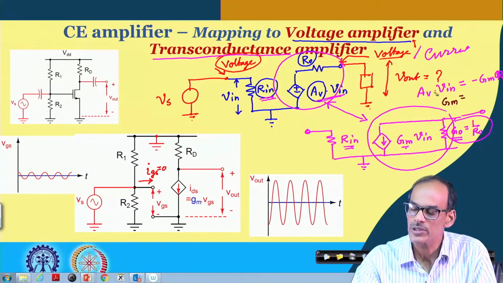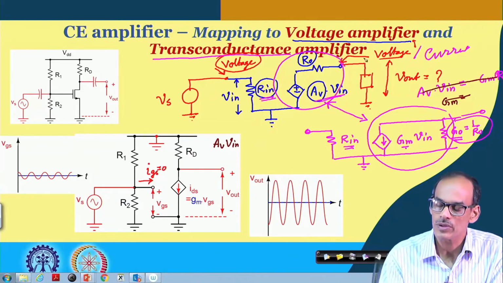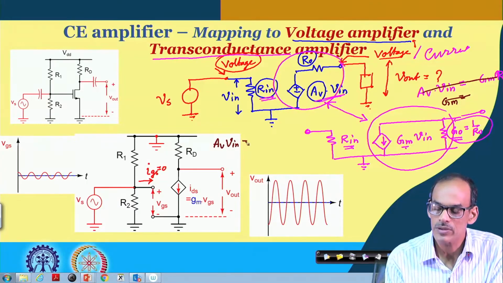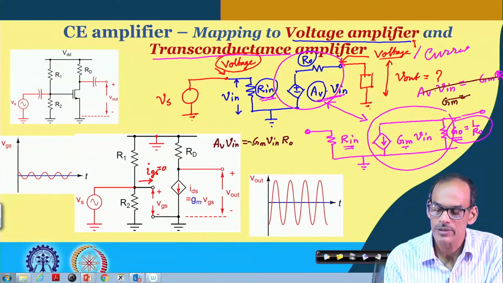So, let me rewrite this part somewhere here. A V into V in, that is the open circuit output voltage, should equal G m into V in into R O with a minus sign.